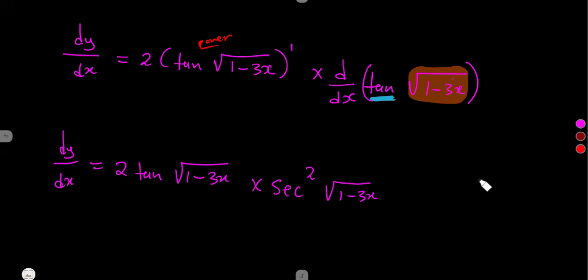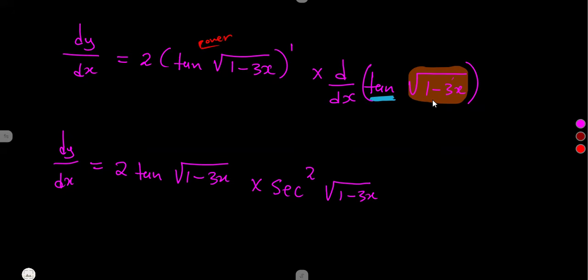We differentiated the whole of this tan, but with respect to this. Tan changes to sec squared when differentiated. But there's something that is remaining there.